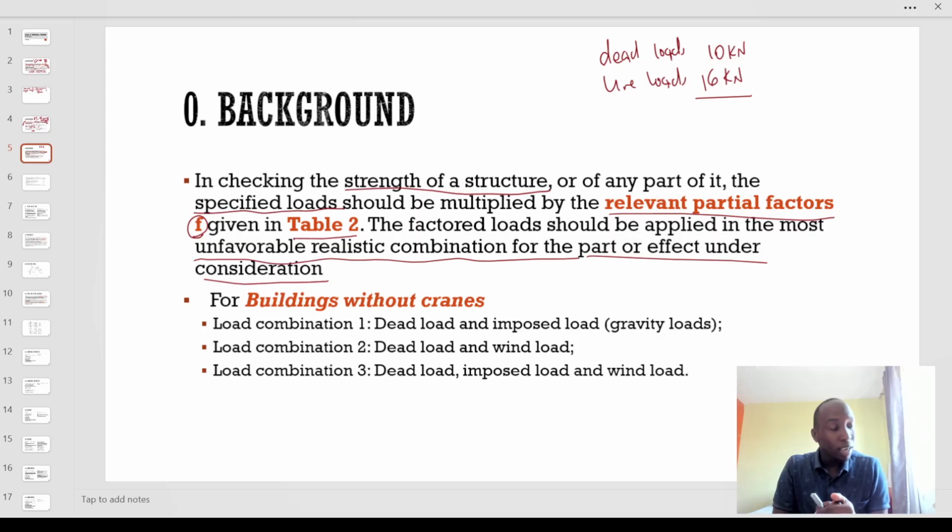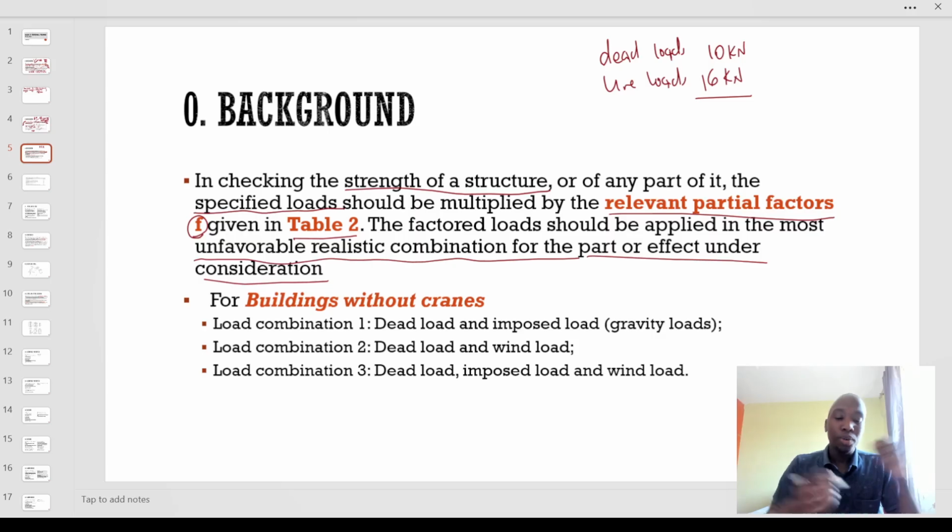It can fail by deflection. So we design against that failing by deflection. We design against shearing, because the worst case scenario is that it will shear. So we consider the most unfavorable realistic combination.